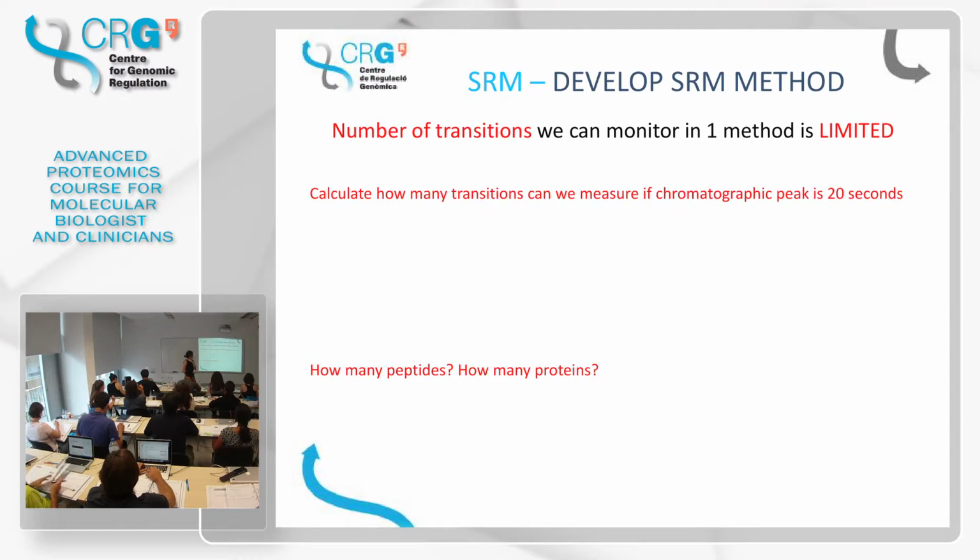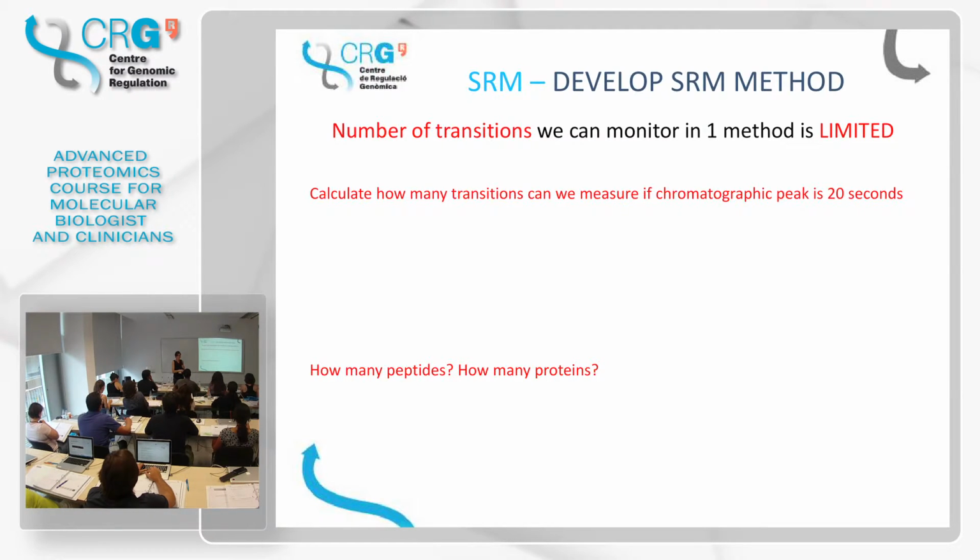Okay, we have a dwell time of 20 milliseconds. How long is going to be my cycle time if I want 10 points in 20 seconds?